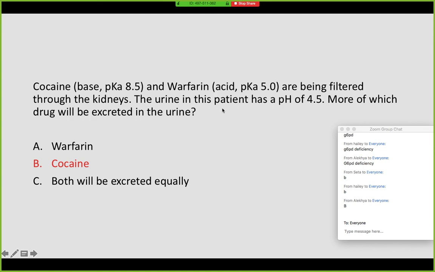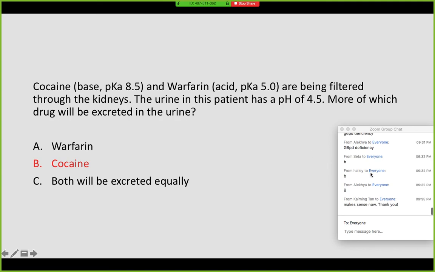So in an acidic environment, the pH is less than the pKa, so warfarin would be unionized, because if it's sitting in an acid, it's not going to give up any of its protons to make it ionized. Does that make sense?